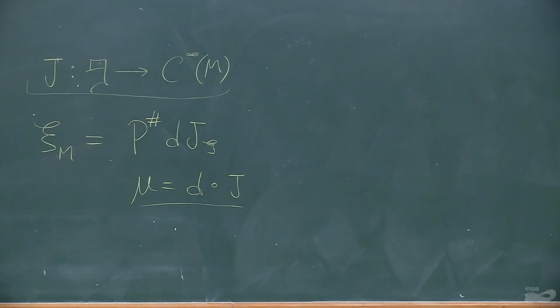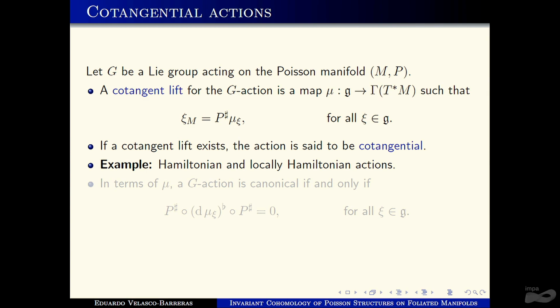Similarly, a locally Hamiltonian action means a cotangential action which takes values on closed forms, but we consider any kind of cotangent lift, not necessarily valued on closed forms. In terms of the cotangent lift, the property for the action to be canonical is expressed by this condition. So the action is canonical if and only if this happens.